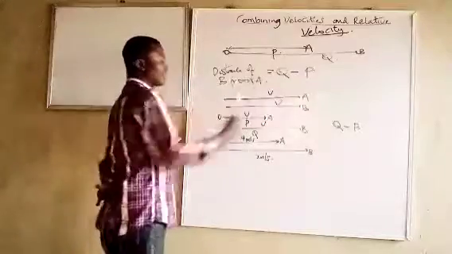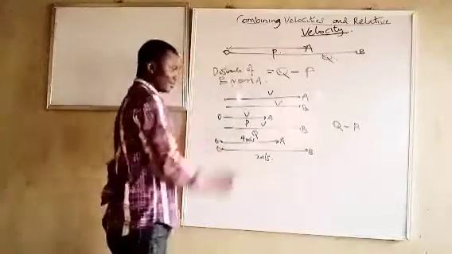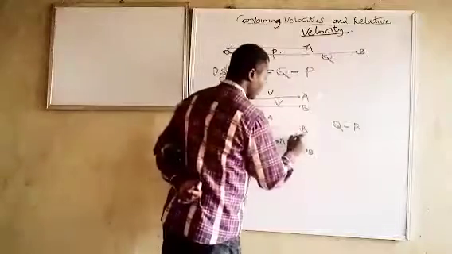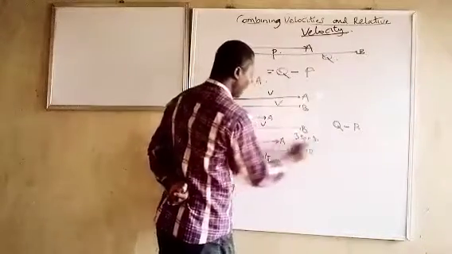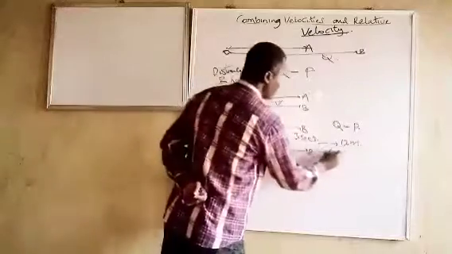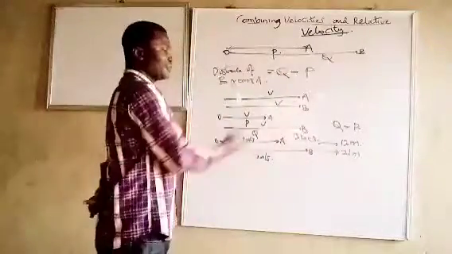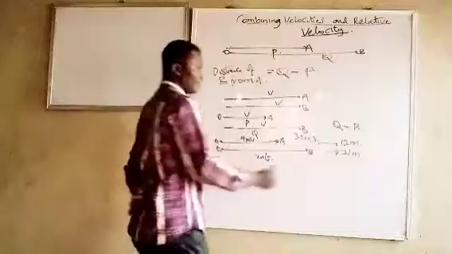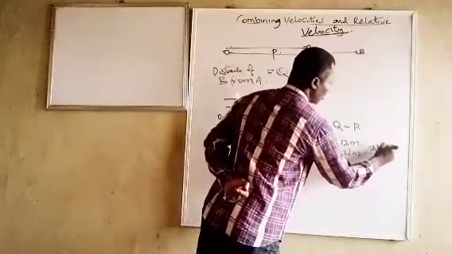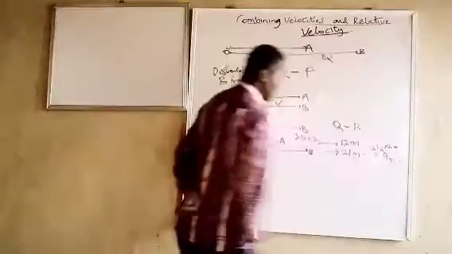Let's check what their distances from O will be after 3 seconds. After 3 seconds, A would have moved 12 meters. B would have moved 21 meters. Their relative position to each other will be 21 minus 12, which is equal to 9 meters.